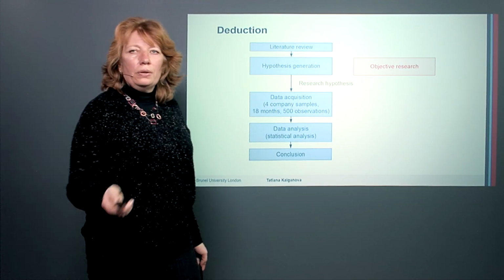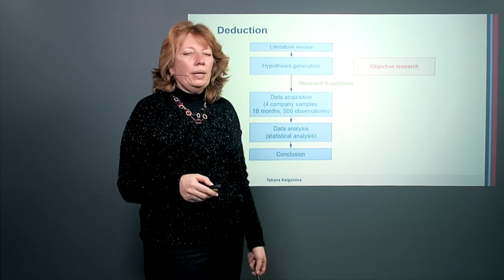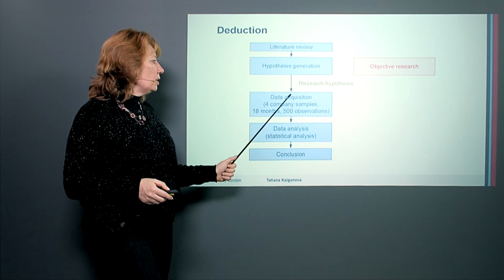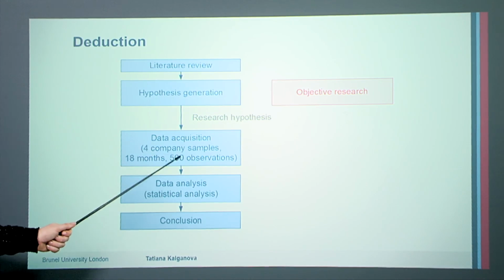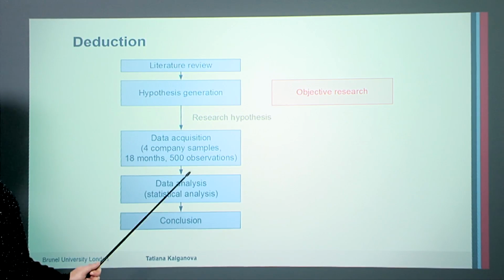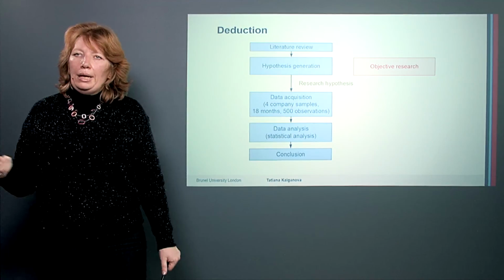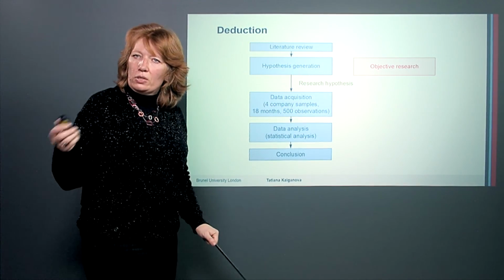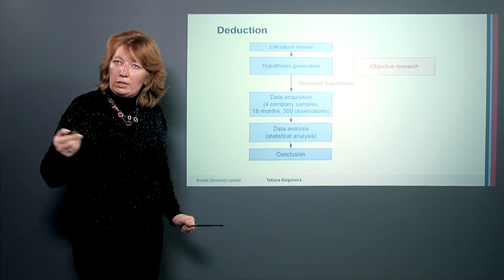Another example, looking at deduction: we can have a look at the literature review where we had hypotheses generated, and data acquisition has been done for 4 company samples, 18 months, 500 observations, and we were using statistical analysis. Again, we can go through every single step of analysis, objectivity and subjectivity in our research process.